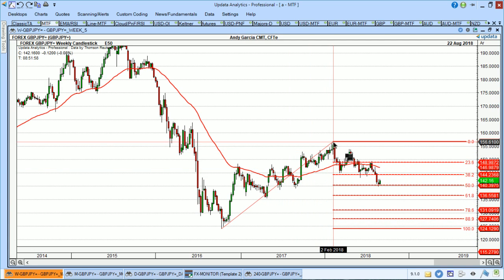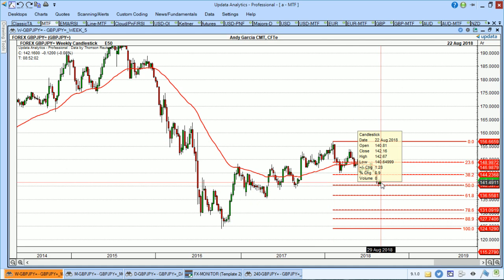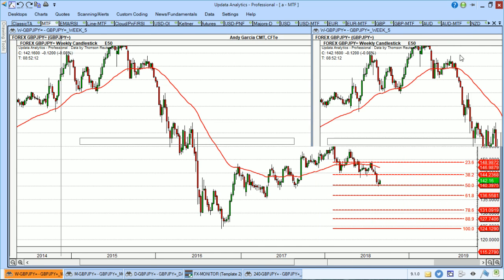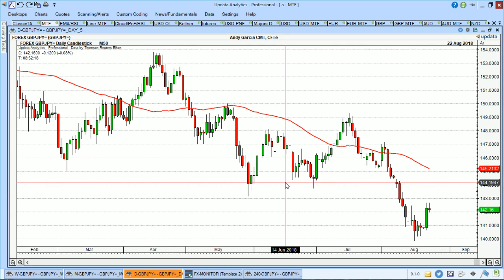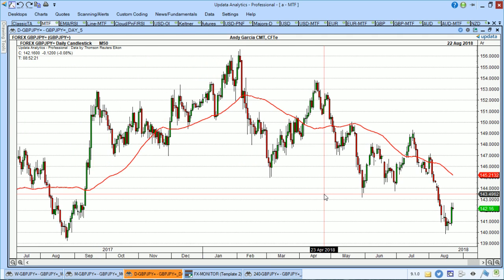And you see how the market is bouncing right at the 50% retracement level. And in fact, we are getting a clean setup coming through. Anyways, so the pound yen is very important right now, in my opinion. I think that it's setting up to go higher.